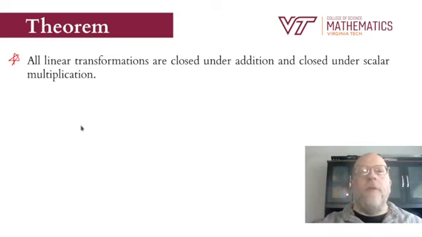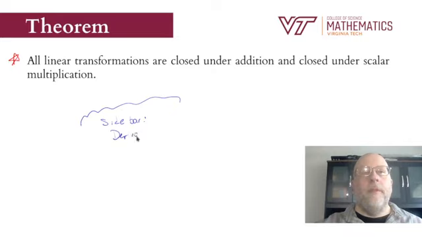I'm going to do just a little sidebar for a moment, to tie this into something you saw back in calculus. When you saw the derivative, you learned some crazy rules like the product rule and the quotient rule, and the chain rule.